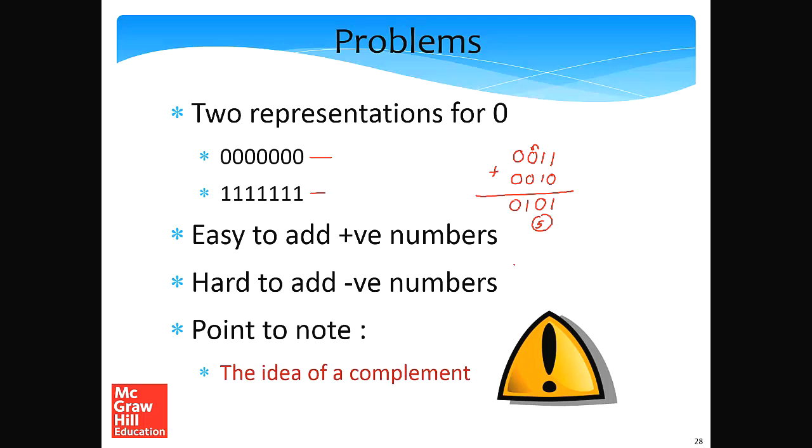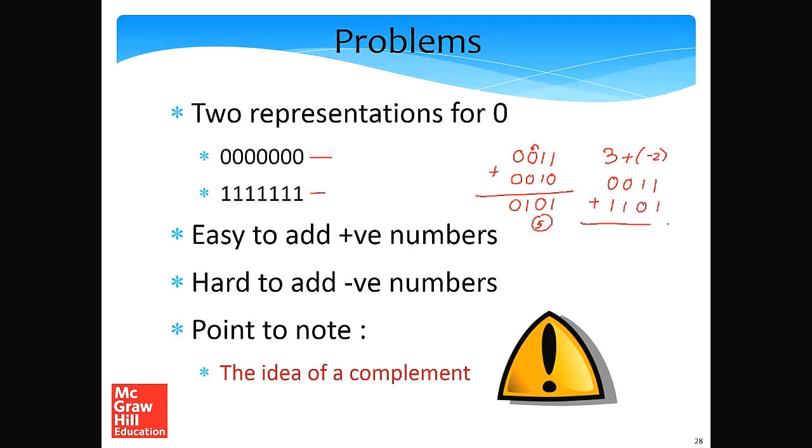So let's consider an example. Let's say we want to add 3 plus minus 2, which is 3 minus 2. The answer should be 1. So 3 is 0011. Minus 2 is, well, let's consider plus 2. We invert every bit of it: 1101.